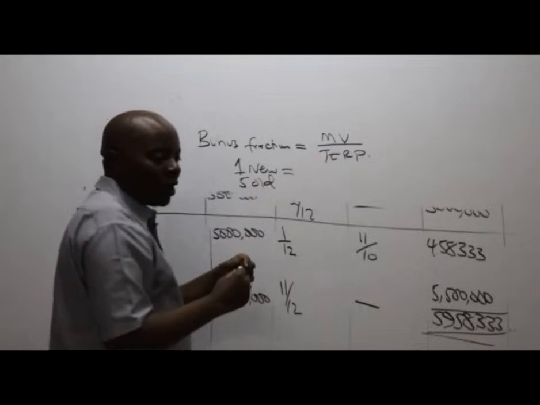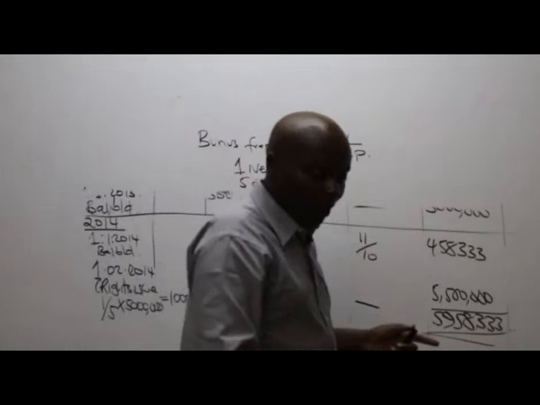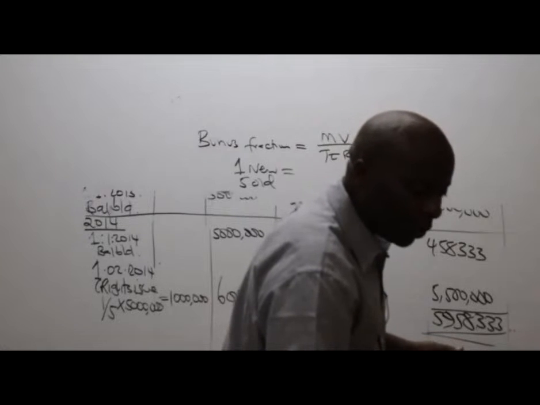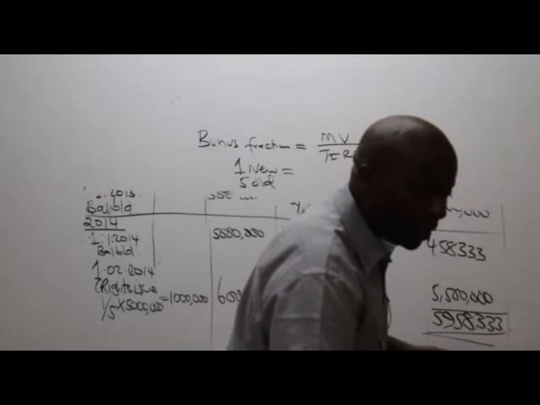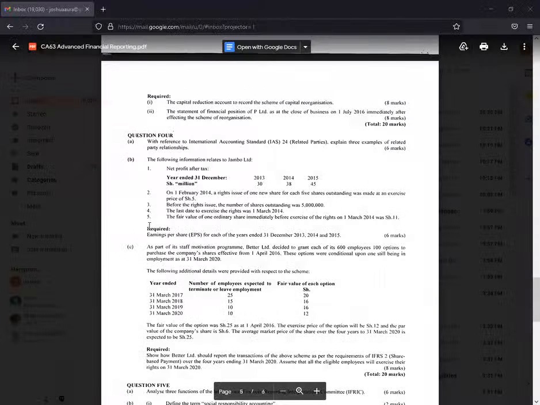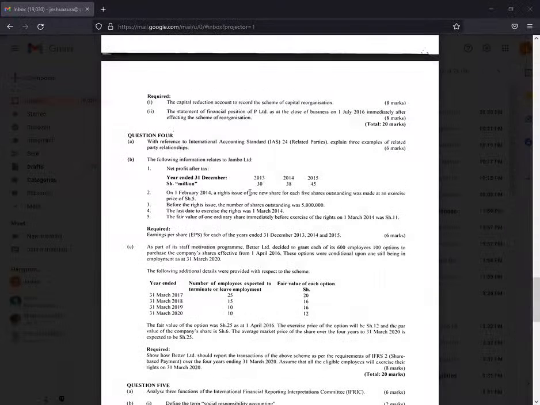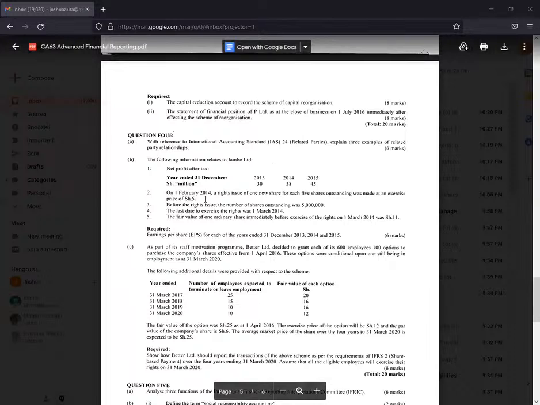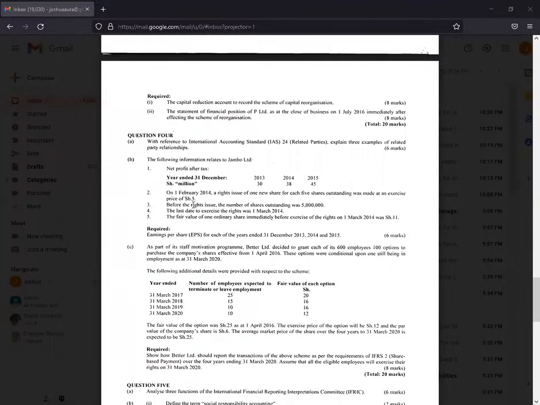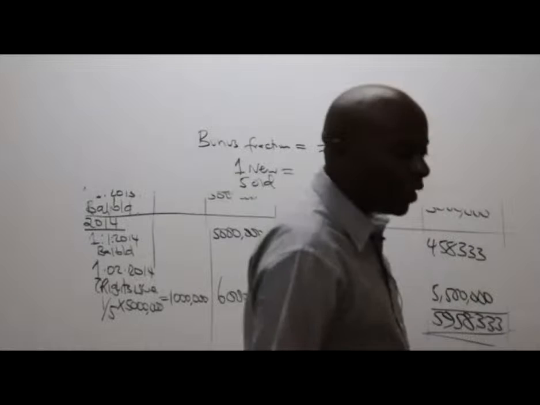So when we read here, they have told us on 1st February 2014, a rights issue of 1 new share for each 5 shares outstanding was made at an exercise price of 5. So the rights price is 5. Right is 1. So 1 new at 5 bob.